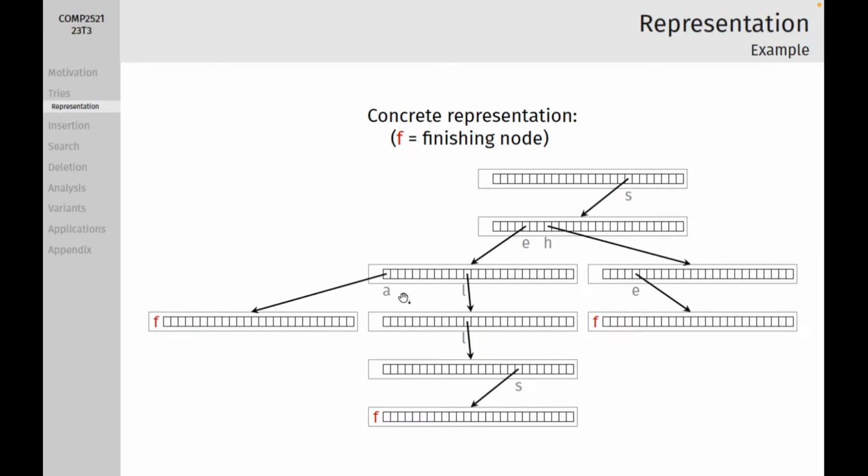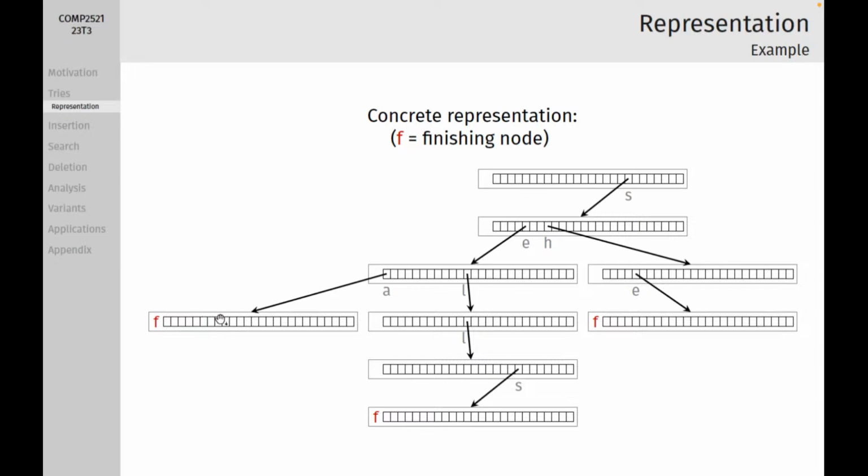So when we insert the word sea into the trie, first of all we follow the pointer corresponding to S from the root node. Then we follow the pointer corresponding to E from that node. Then if this pointer here currently points to null, we would create a new child node and make this index 0 point to it, and then we would mark this node as a finishing node.